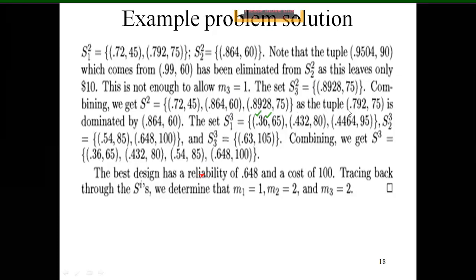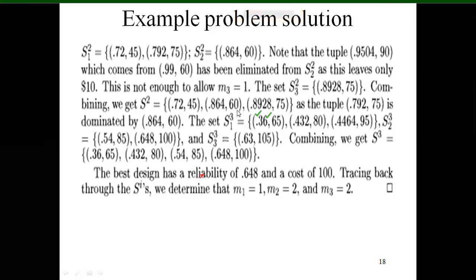The tuple (0.792, 75) is dominated by (0.864, 60). Reliability values with costs 45, 60, 75 are in increasing order.